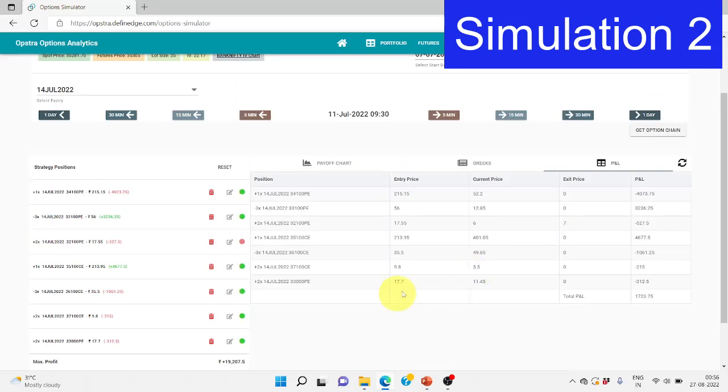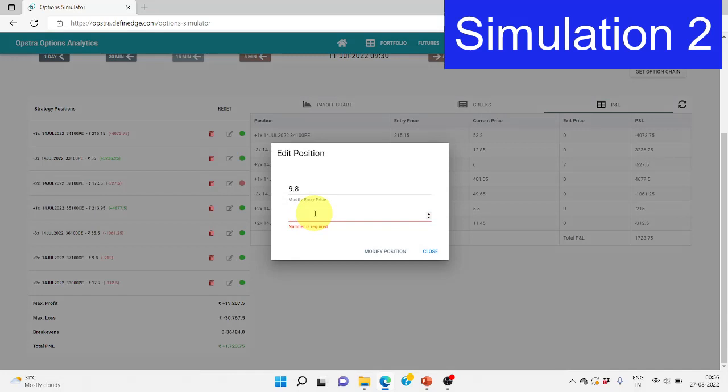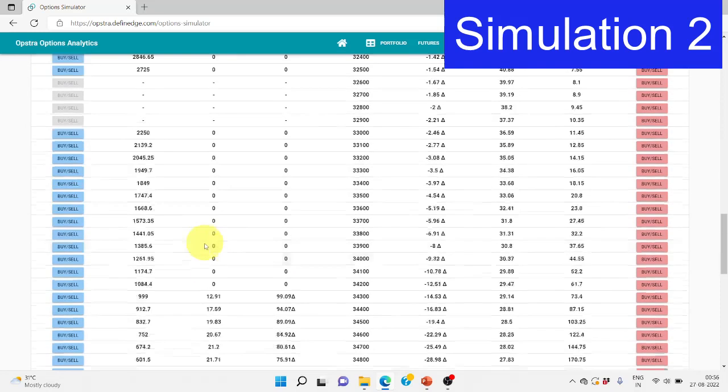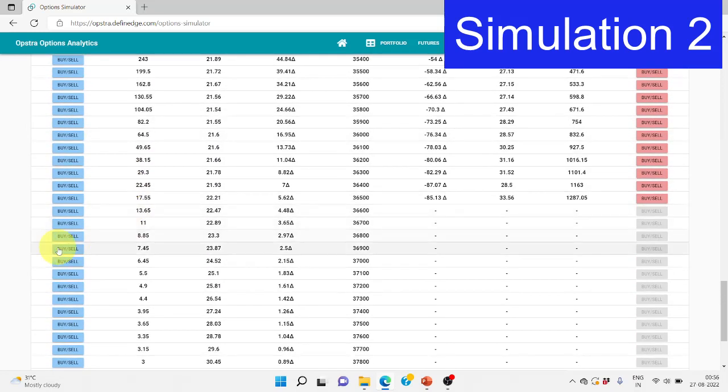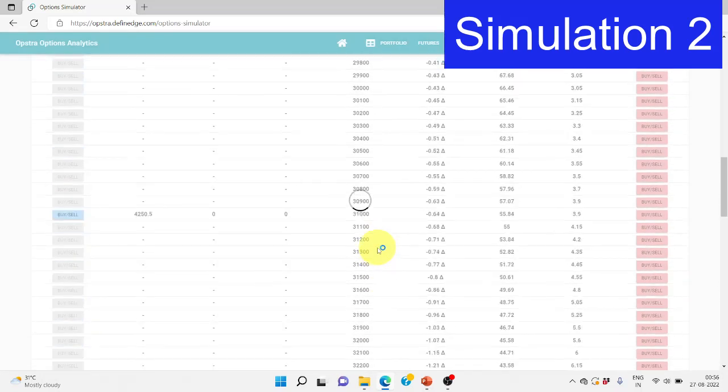On the C side, it has now gone to 5 rupees. Maybe we are closing at 5 rupees now, and somewhere around 10-12 rupees we'll buy for C. Okay, 11 rupees is there, we'll buy C at 11 rupees.